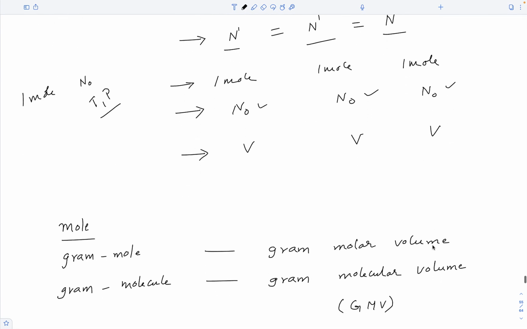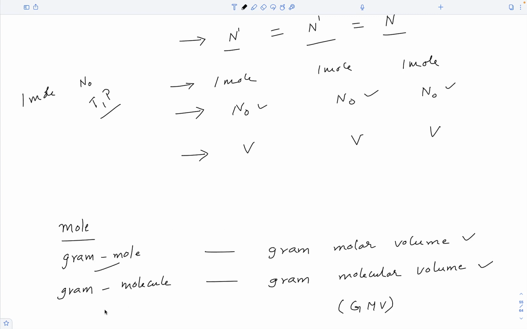And the volume occupied by 1 mole of a gas is called gram molar volume or gram molecular volume, because mole is also known as gram mole or gram molecule. This name is derived from this. So gram molar volume or gram molecular volume is the volume occupied by 1 mole of any gas.